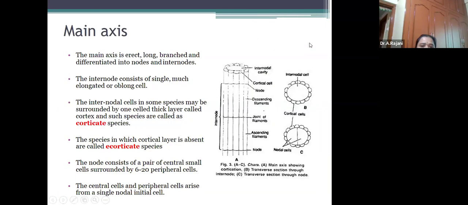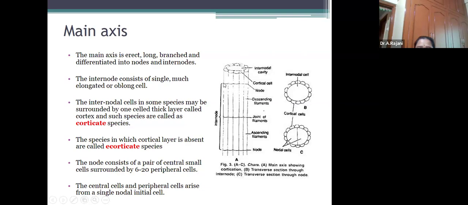See, what is the main axis? This is the main axis of Chara. The erect axis has Equisetum-like differentiation. You can observe this in the Equisetum plant. The Chara plant and the Equisetum plant are similar. The erect axis, like Equisetum, is differentiated into small nodes and long internodes.